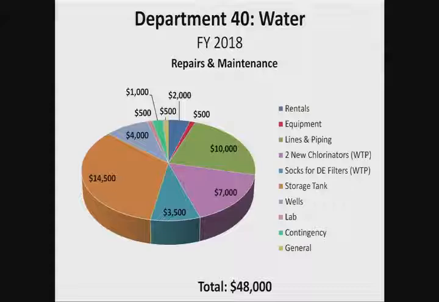And then you also need what they call socks for your DE filters, and they're 3,500. Your 14,500 for your storage tank is a yearly maintenance agreement that we've had for years on the storage tank. And then you've got 4,000 for your wells.